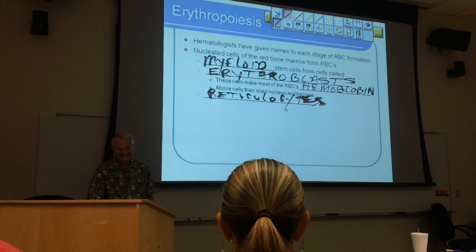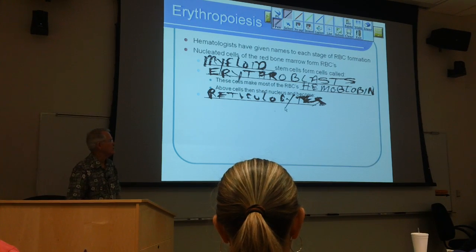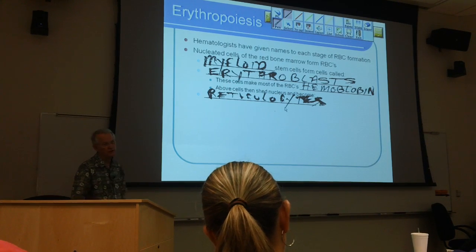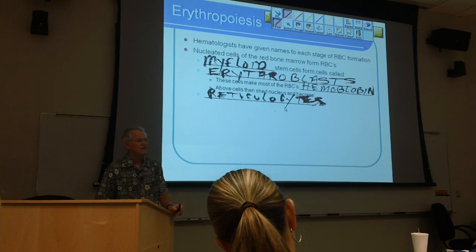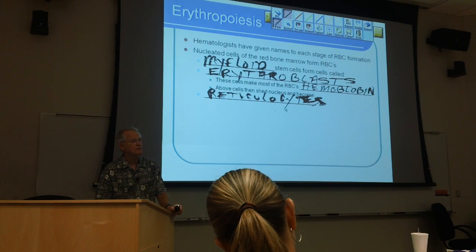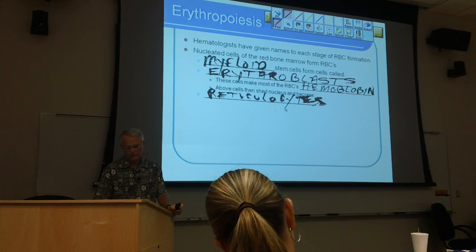Reticulocytes are the cells that have lost their nucleus. They then enter the blood as developing erythrocytes or red blood cells.